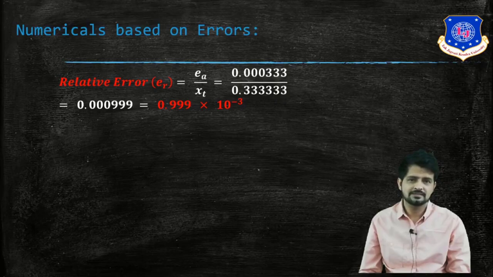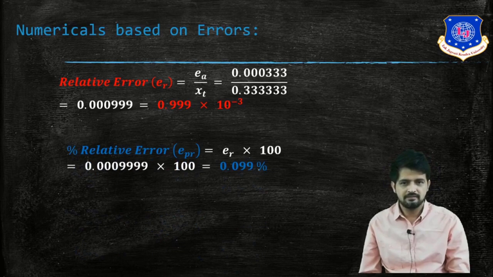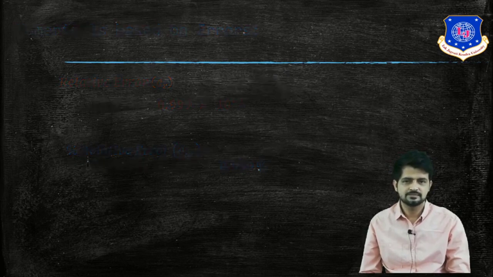So my answer will be 0.000999. We have to just divide that value. Then we have to multiply it by 100. Then we will get the relative percentage error, that is EPR. Simply we have to find the values of this error by placing these values in the calculator. You can easily find these values, right?